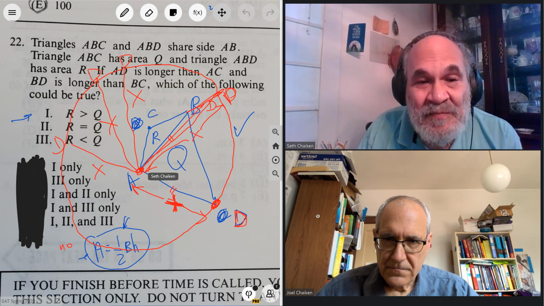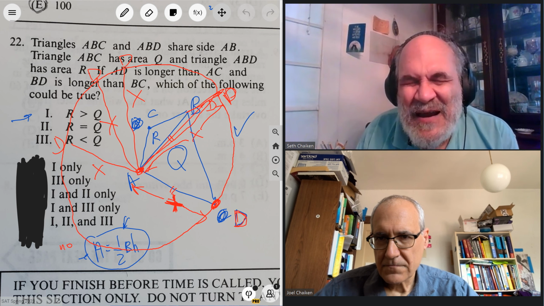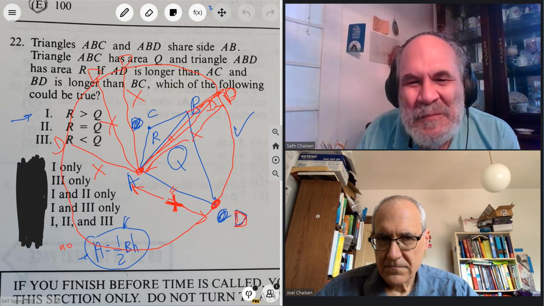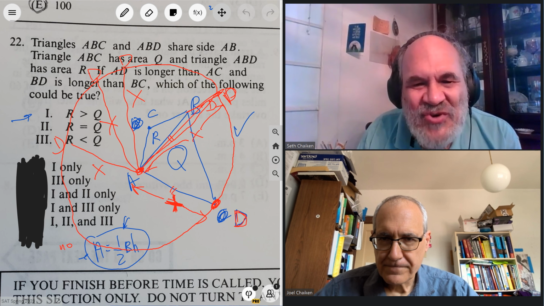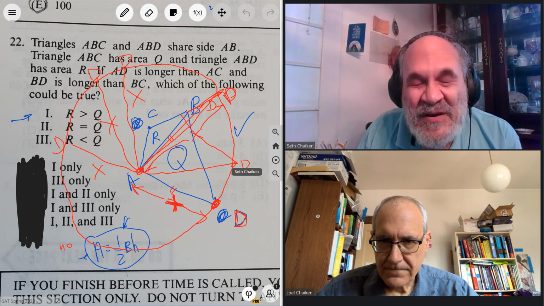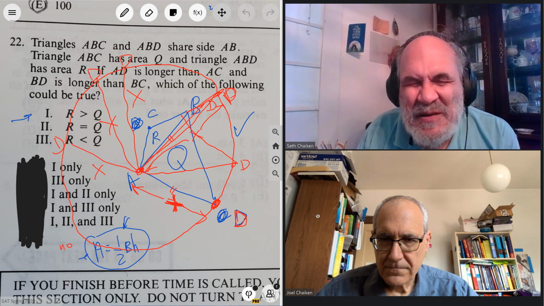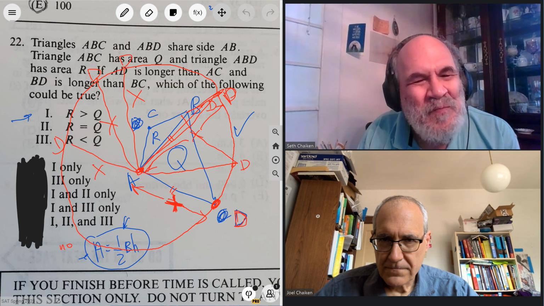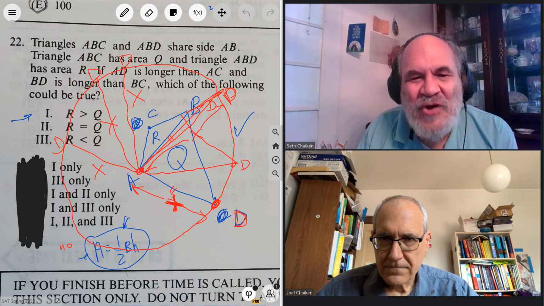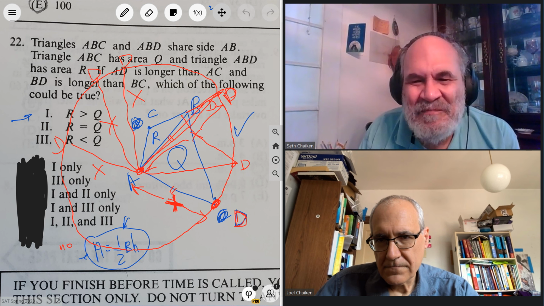It could be a triangle that's all squishy down, very, very skinny, very small area. Or there could be a triangle where the area is a lot bigger. But then the other triangle whose area is R, imagine that being fixed.